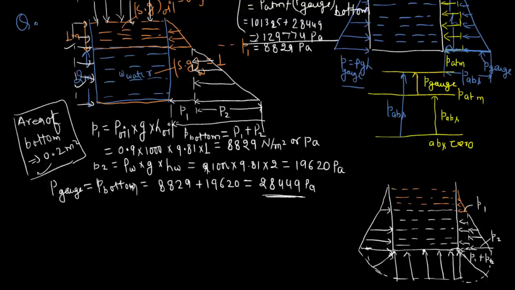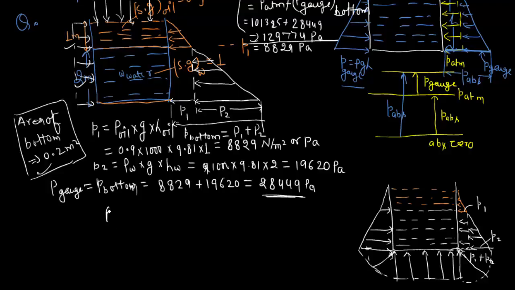We can't do this if the pressure variation is not same, means if it is variable over this area. In that case we have to take the average pressure intensity exerted by the fluid on the bottom of the container. But in this case, as we can see, the pressure intensity at the bottom is same throughout. We can directly multiply this pressure intensity to the area.